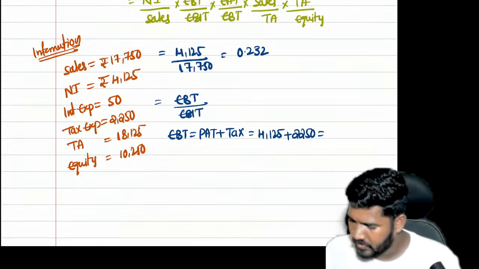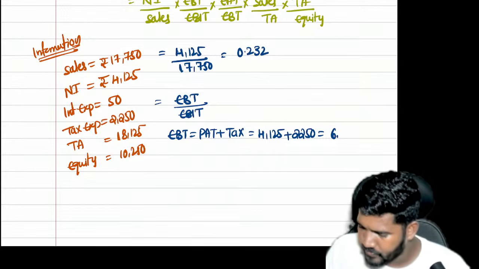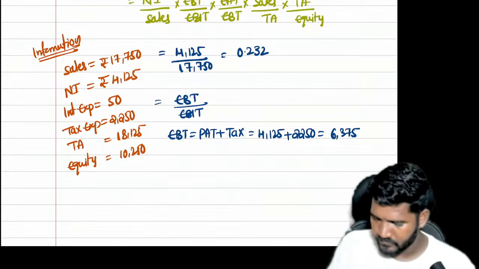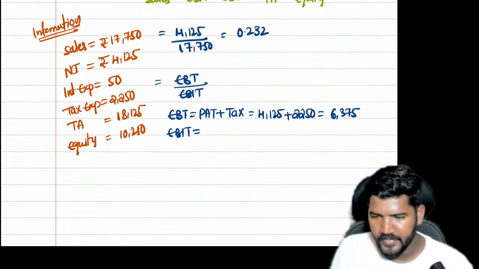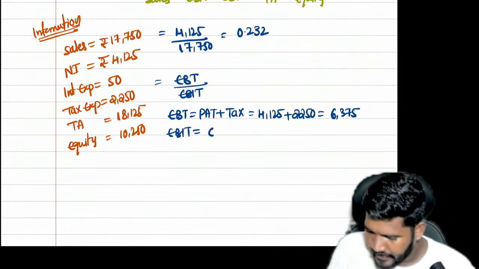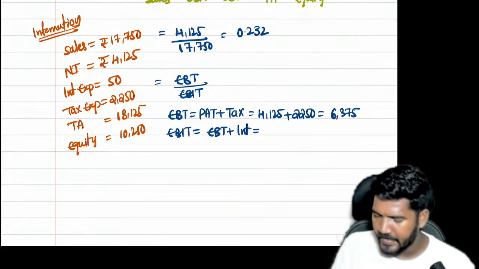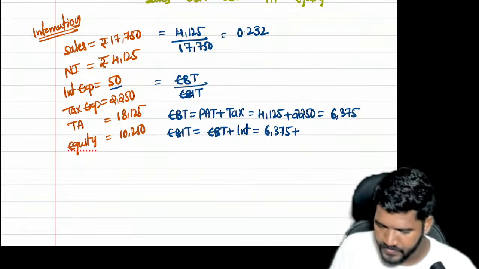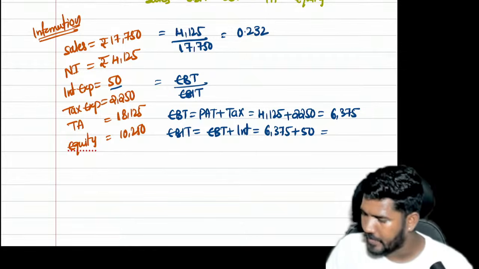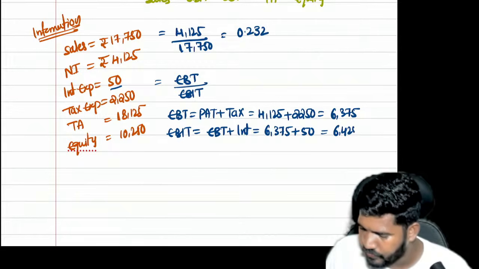So EBT is 4,125 plus 2,250, which is 6,375. EBIT equals EBT plus interest. We already calculated EBT 6,375, plus interest expenses 50. Now EBIT equals 6,425.